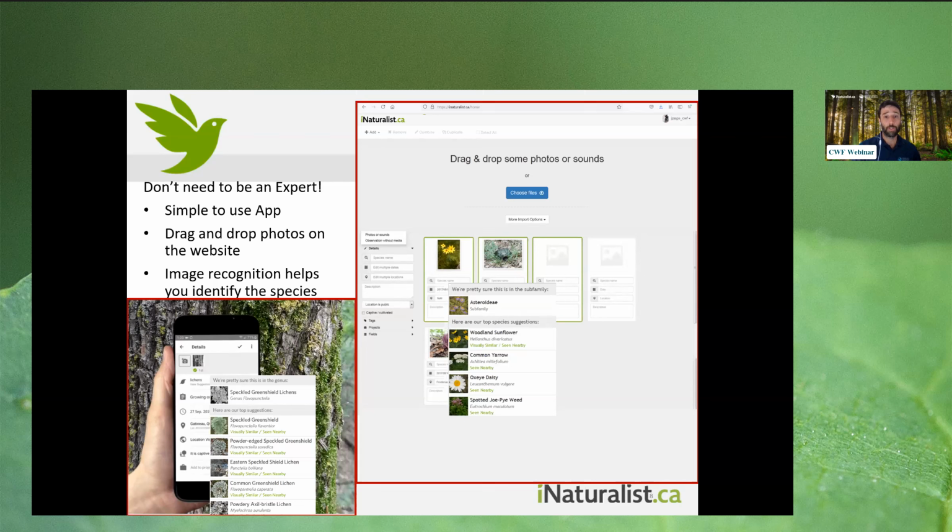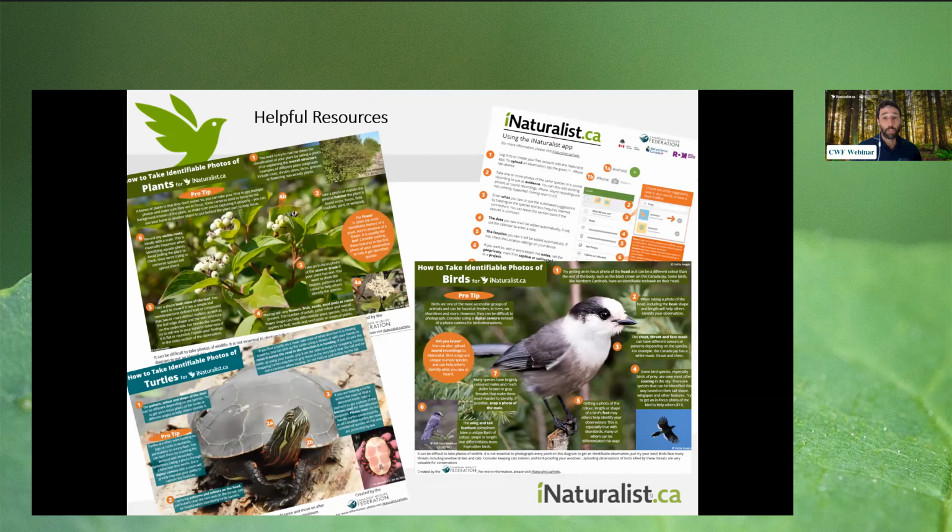But on top of that, there's also a community of over 250,000 people around the world that are helping to identify observations. So there are people that browse observations and help with these identifications. And something to keep in mind is the better your photo is, the better the chances of it becoming identified. To help with some of this, CWF has created some helpful resources like how-to guides, but also tips.